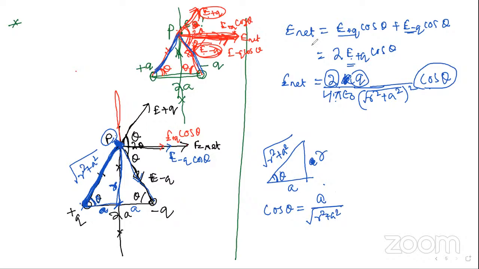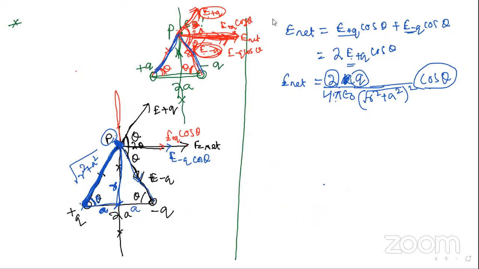Now E net we will write in a more precise form, replacing these values for cos theta. That is 2Q by 4 pi epsilon naught, then root over R square plus A square, whole square. Root whole square is what? The root will be removed. You know this, right?